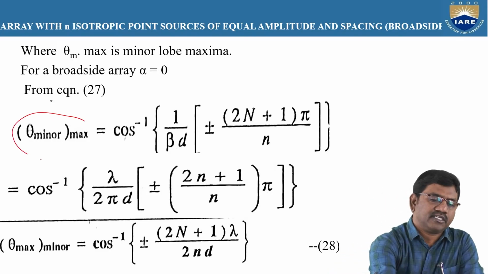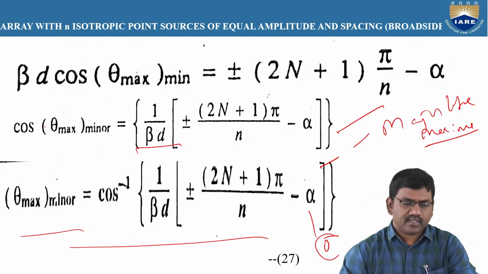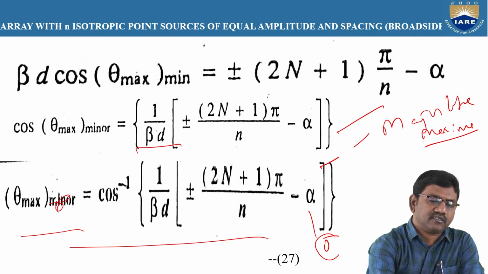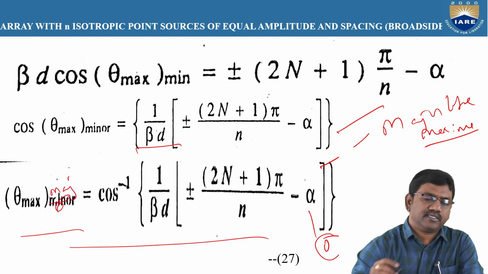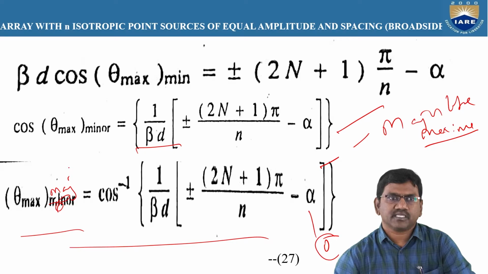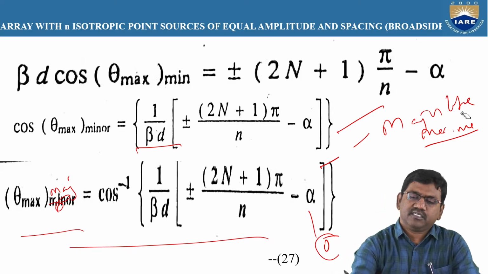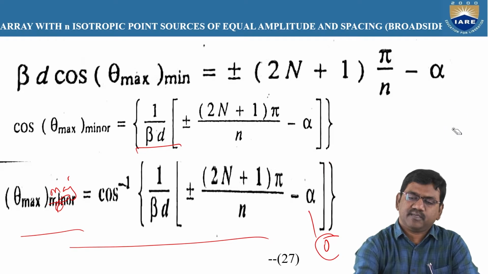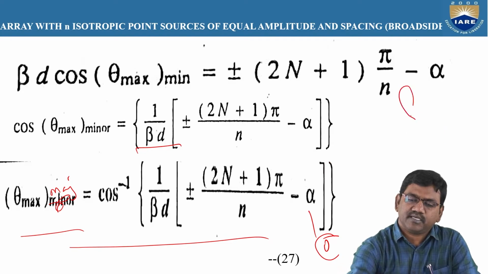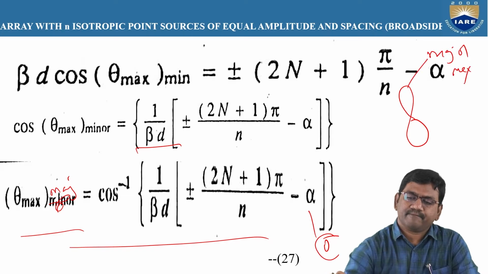See here, we indicate the minor lobe maxima, and this is the major lobe maxima. What is the difference between major lobe maxima and minor lobe maxima? If you draw the radiation pattern, this is the major lobe maximum point.